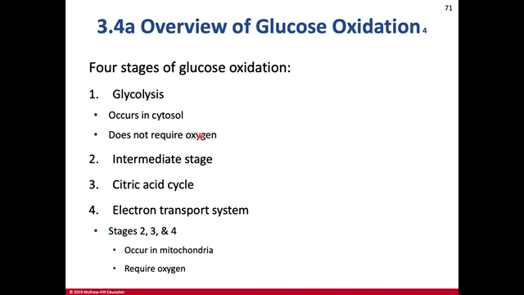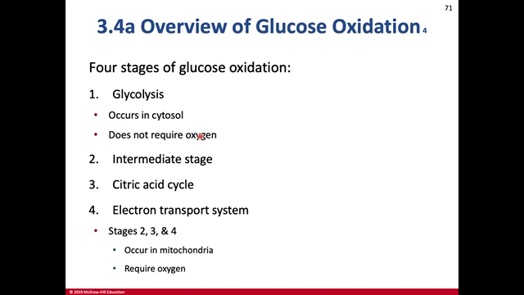So it can happen in both an anaerobic and an aerobic state. It happens in an aerobic state. It ends in pyruvate, produces NADH, produces some ATP, and is a fairly rapid pathway, right? And then that pyruvate ends up going into the citric acid cycle.